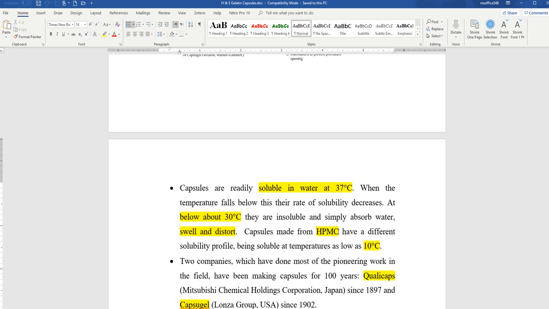Hydroxypropyl methyl cellulose. It's a cellulose derivative. Now the good thing about these shells, they can dissolve at temperature as low as 10 degrees Celsius. Actually it dissolves better in cold water than in hot water. So these capsules are available, and one can use them for encapsulating drug products.